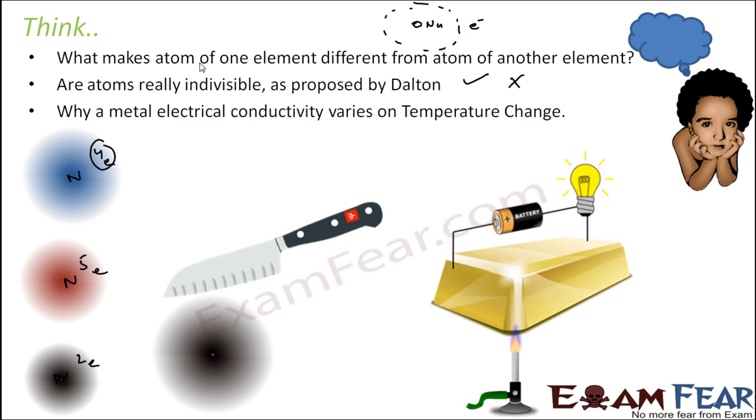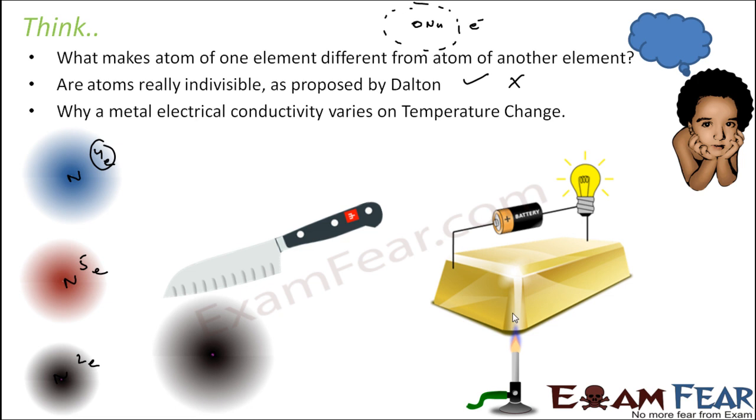Also, if you can do this experiment in the lab, if you take a metal and create this circuit, and when you heat it, you'll see that more current flows. You can put some meter here to read the amount of current flowing. So the metal conductivity actually varies with temperature change. It generally increases with temperature. The question is why it is happening, right?